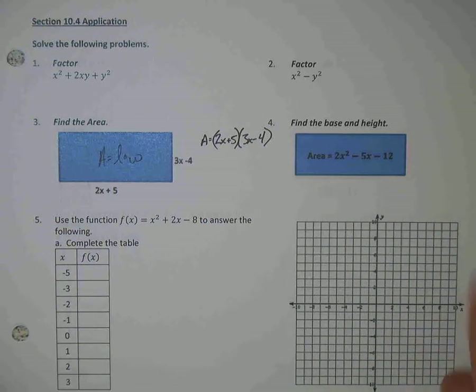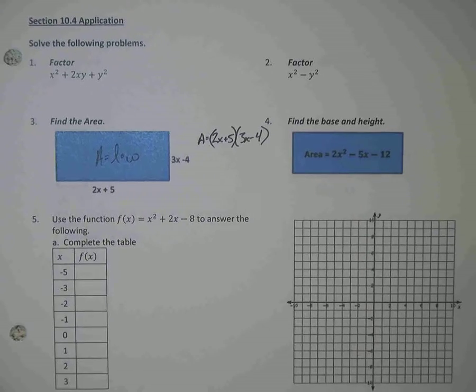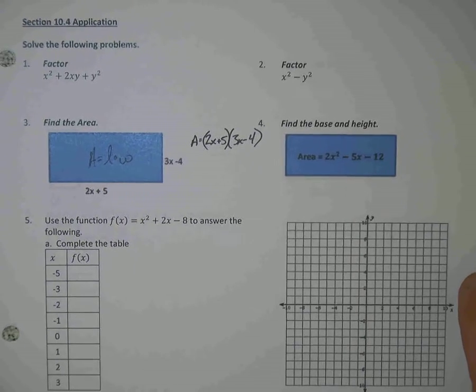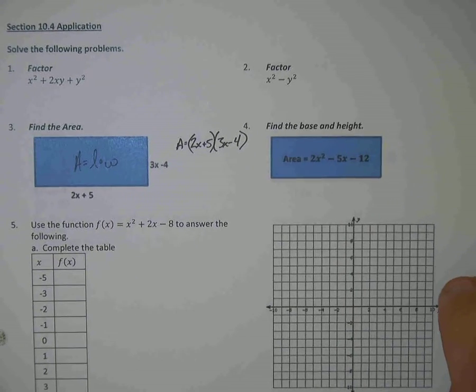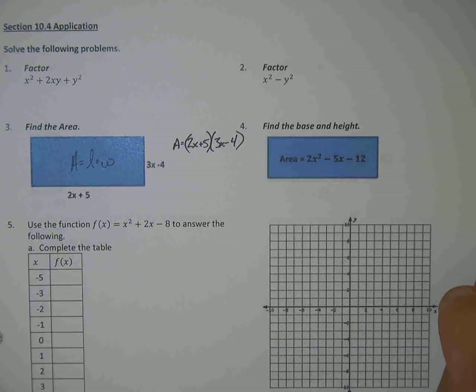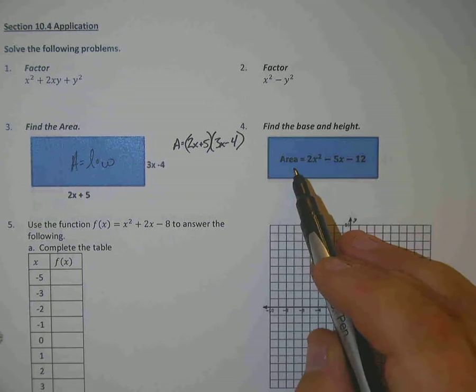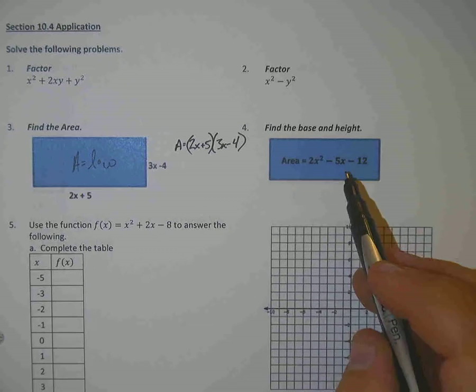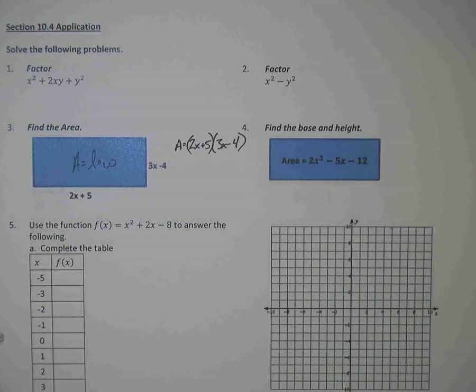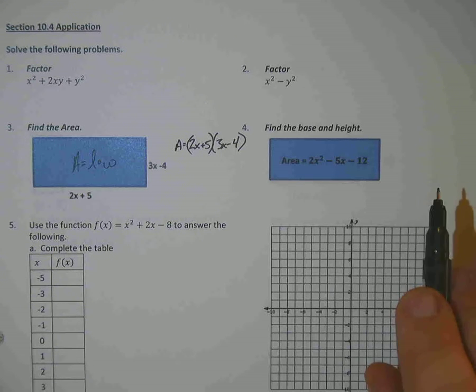Multiply those together, and that's really kind of a review from an earlier section in this unit. The real problem in this is number 4, finding the base and the height, or the length and the width, whichever one you want to look at it as. It really means the same thing.